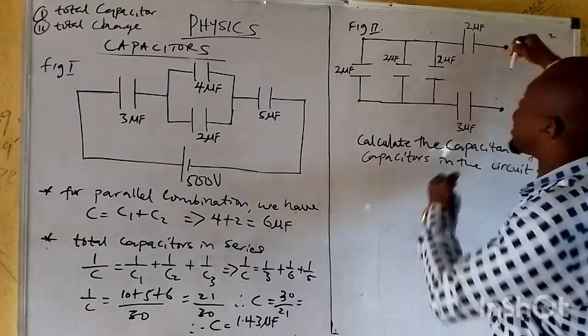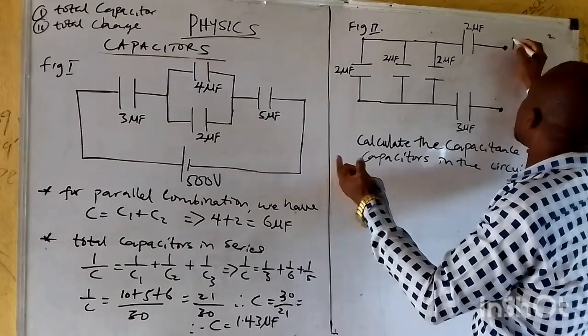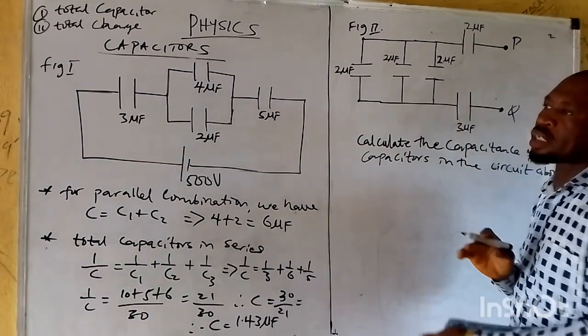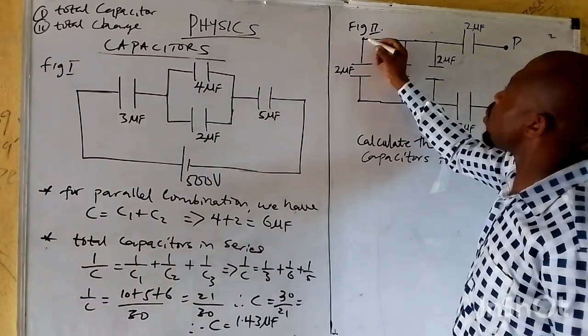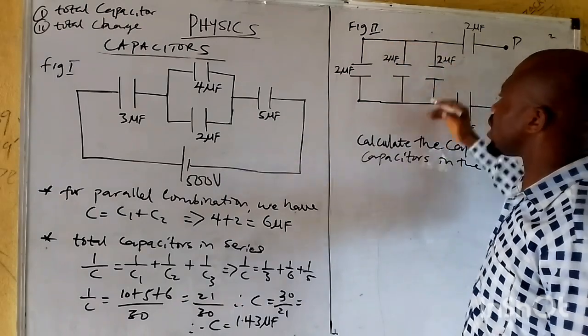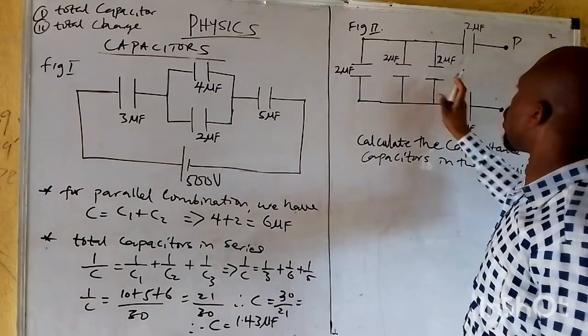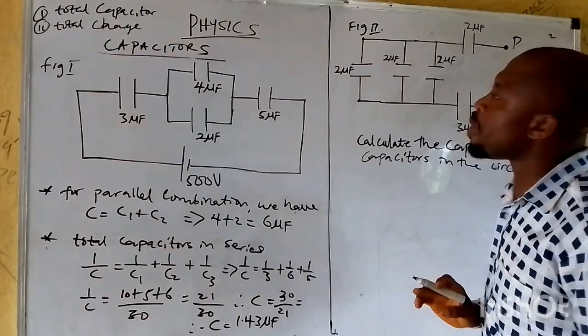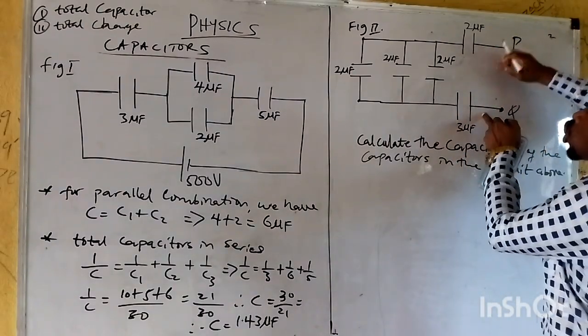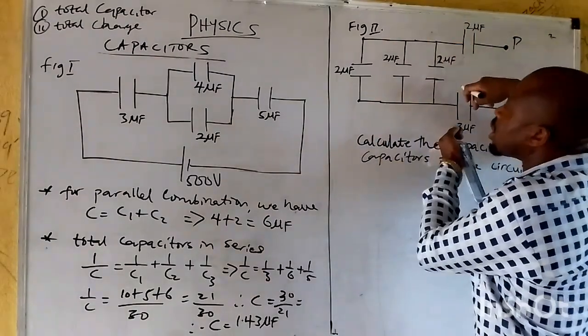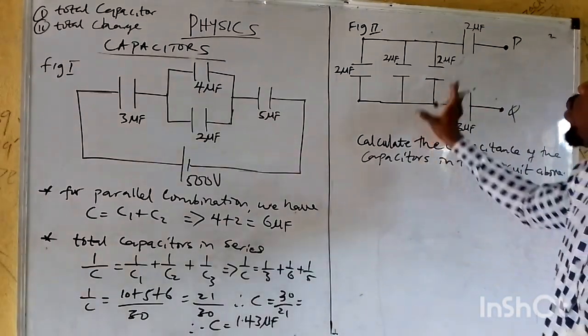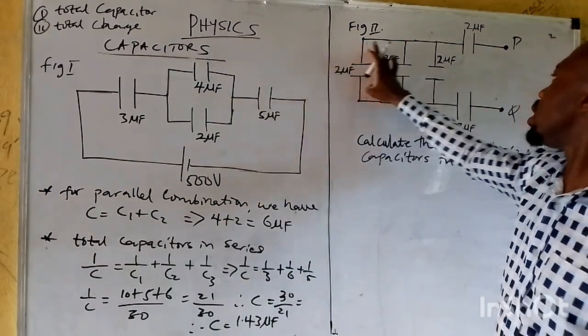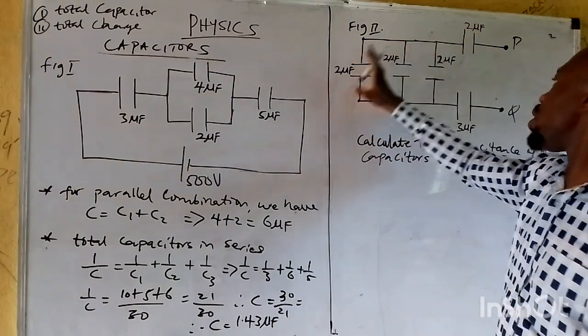These are just straight lines, we can say line P and line Q. Now, we have this connected in between. So, 1, 2, 3 are in parallel. Only these two are in series on this line.